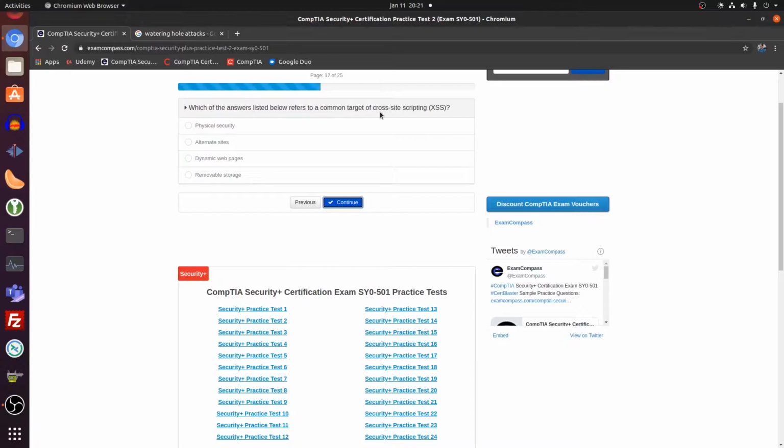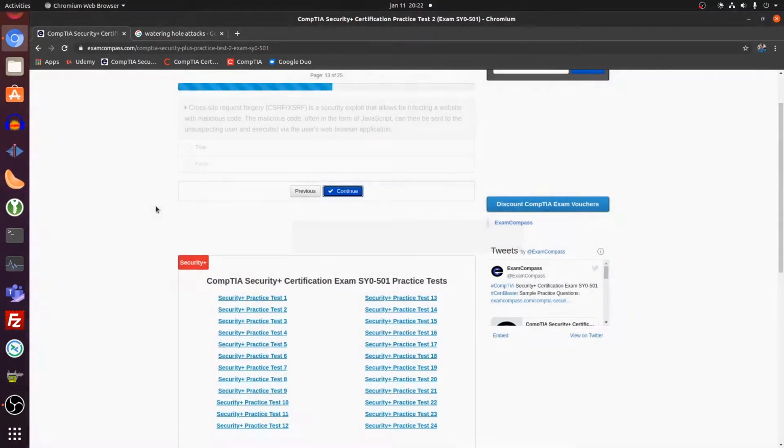Common target: dynamic web pages, not static web pages, because that's kind of like read-only. So you enter certain input, and the web server gives you something back in return, that's called dynamic, and you can only do cross-site scripting against dynamic web pages.